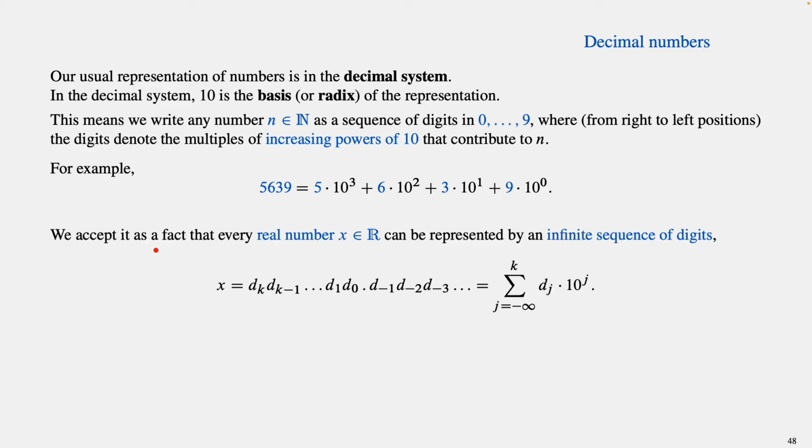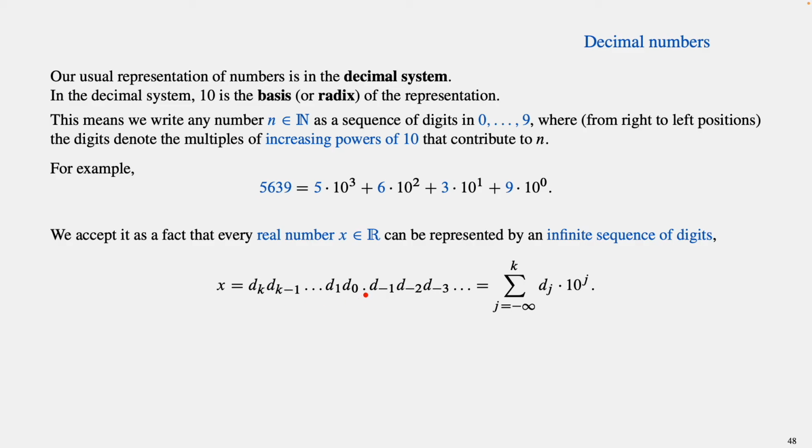And now we accept it as a fact that every real number, x, can be represented by an infinite sequence of digits. So we write it like that, x. Here we have the digits for the integer part of x, d_{k-1}, ..., d_1, d_0. So the kth index corresponding to the kth power of 10.